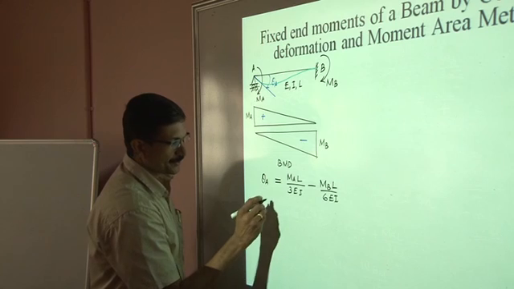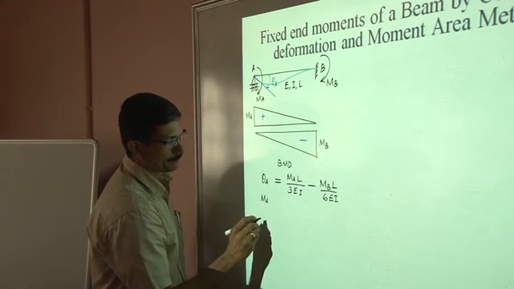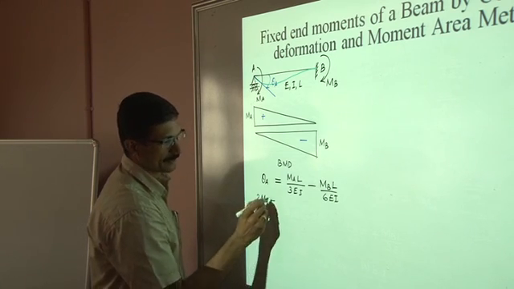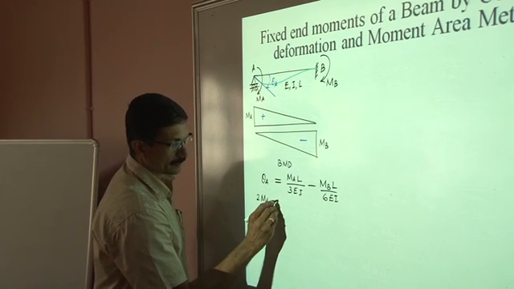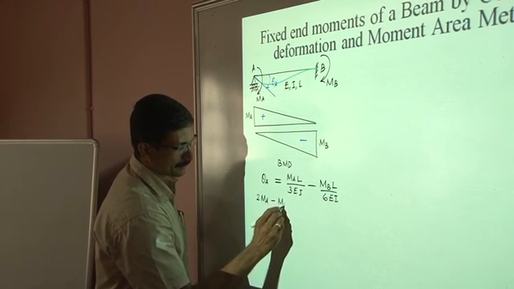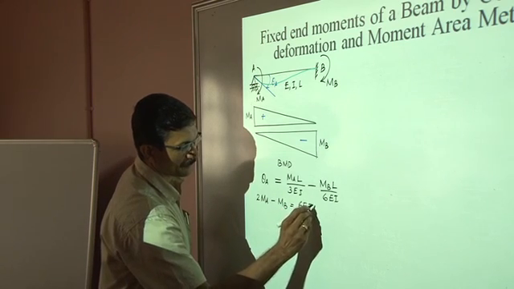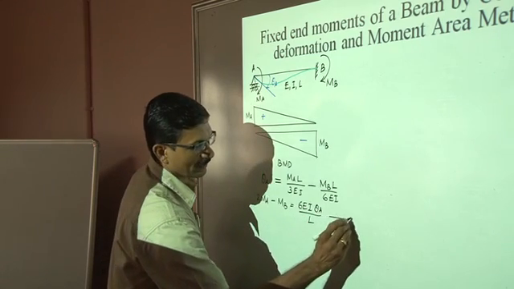So if you reduce the equation, you may get MA minus, let us say 2MA, if you multiply throughout by 6EI by L, this is 2MA minus MB is equal to 6EI theta A divided by L. So equation number 1.